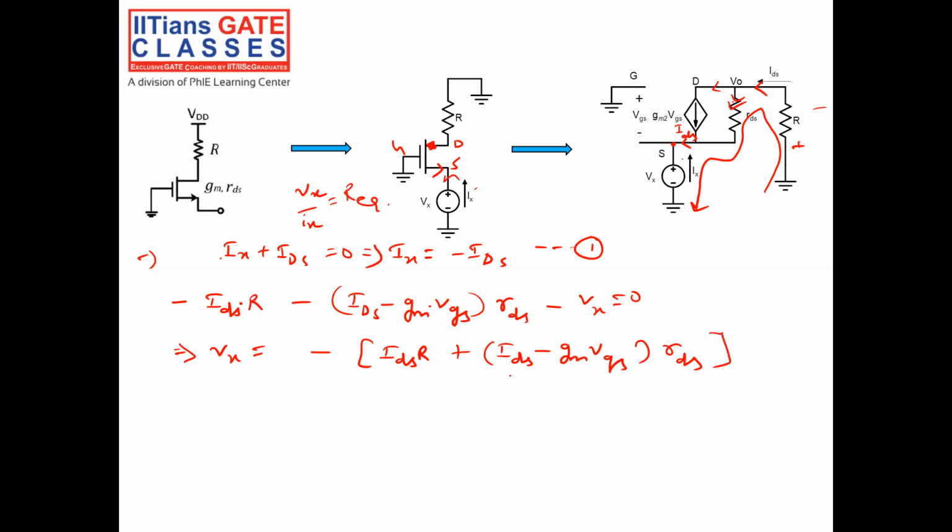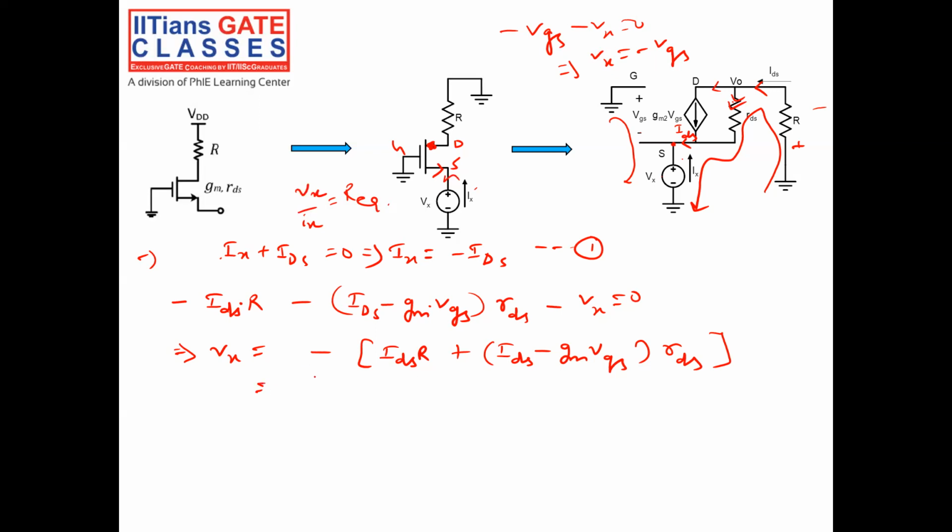Okay, guys, what is VGS? If you see here, you put a loop in this equation. VGS minus Vx is equal to 0. This implies Vx is equal to minus VGS, or VGS is equal to minus Vx.